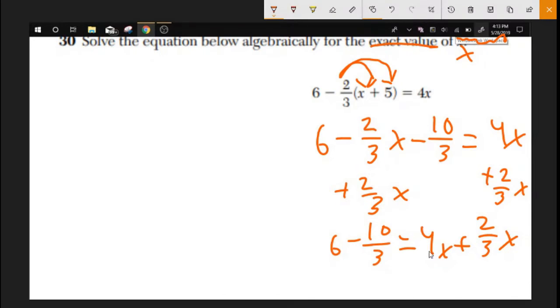Alright, so how we're going to make these whole numbers a fraction is we're going to multiply them by 3 over 3, because 3 over 3 is equivalent to 1. So you're not really changing the value of 6 by multiplying by the fraction 3 over 3. But you're allowing it to have a denominator of 3, so these two can be combined. And then we're going to do the same thing for 4x and multiply it by 3 over 3.